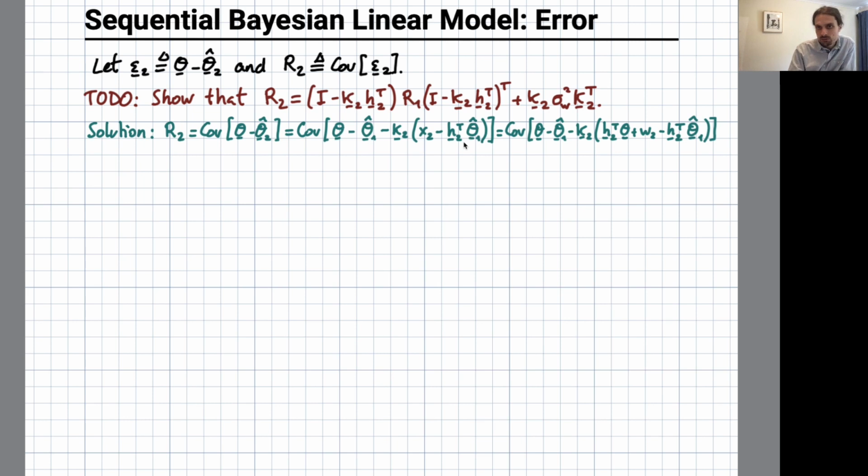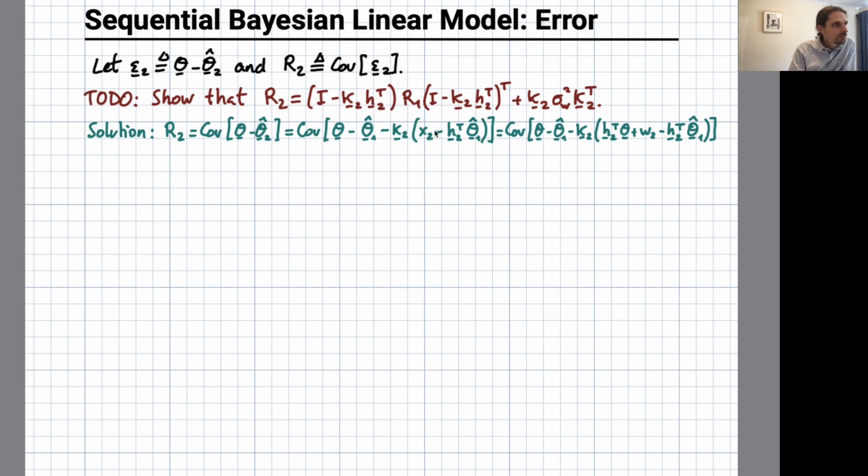And those appear in the definition of epsilon 1, right? However, we still have here this x2, and here we don't really see anything related to x2. So let's get rid of it.